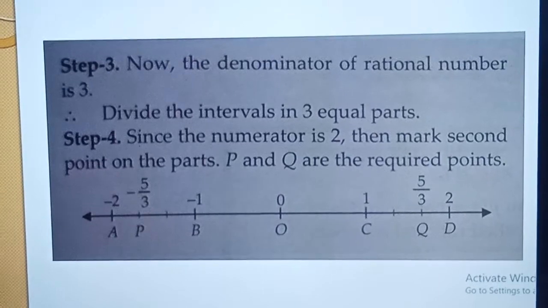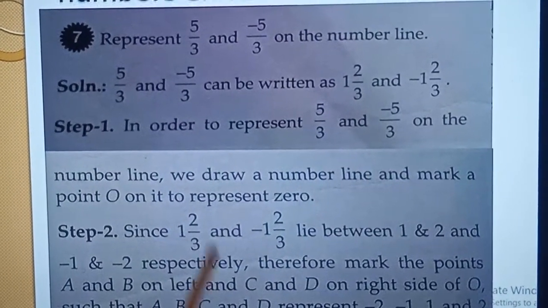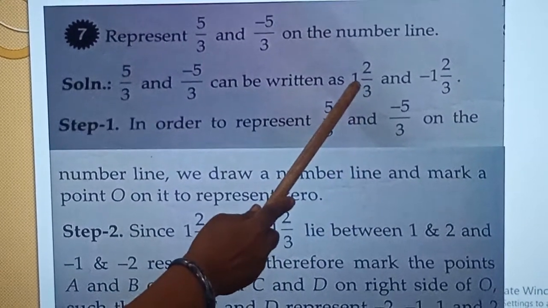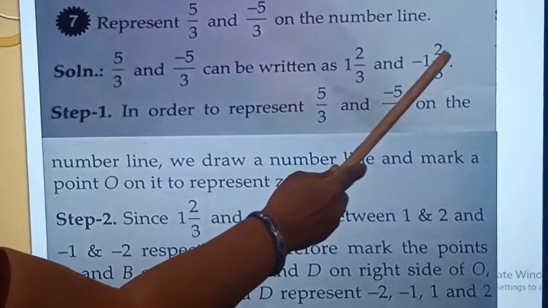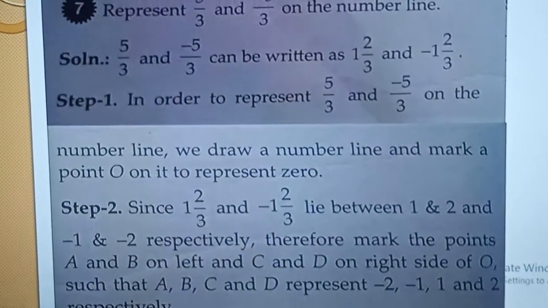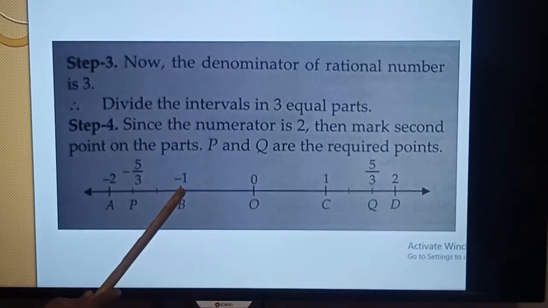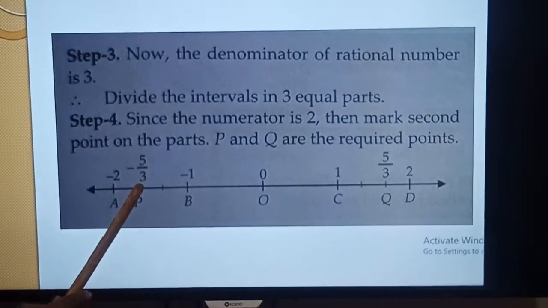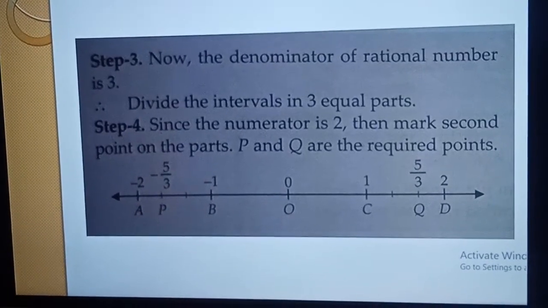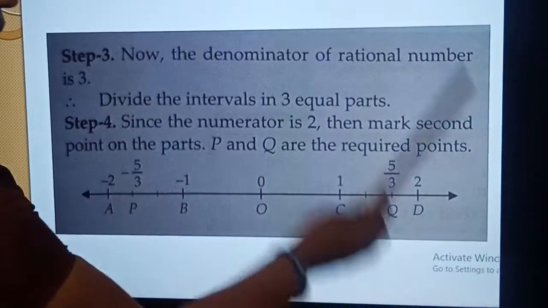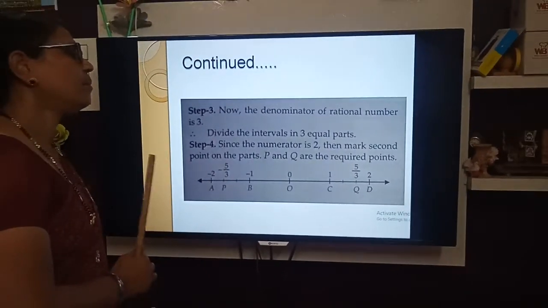So where is the 5 by 3? Here, 1 integer 2 by 3, minus 1 integer 2 by 3. So the second division is the 5 by 3. From here it will be 3, then 4, then 5. Understood? This is the point we indicate as minus 5 by 3, and in the same way on the right hand side. This is the method of representing the given rational number on the number line.